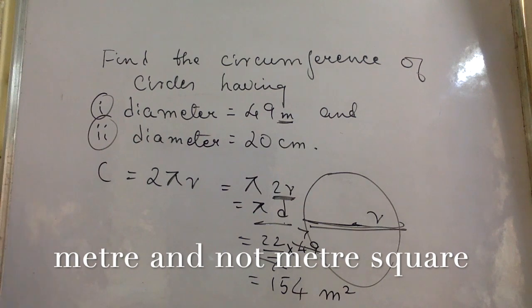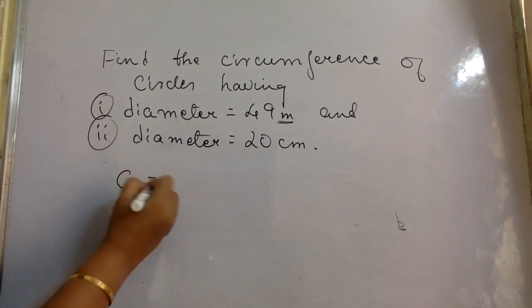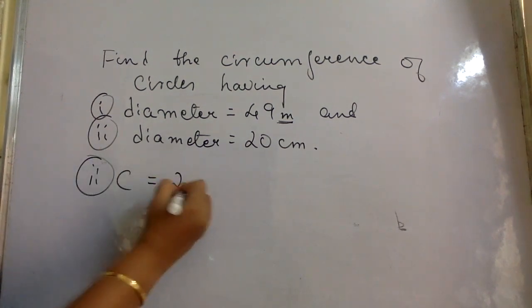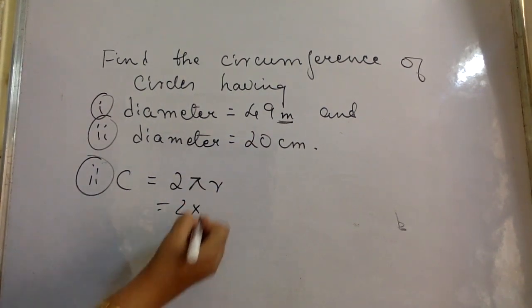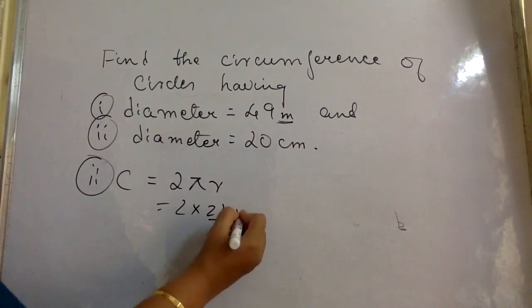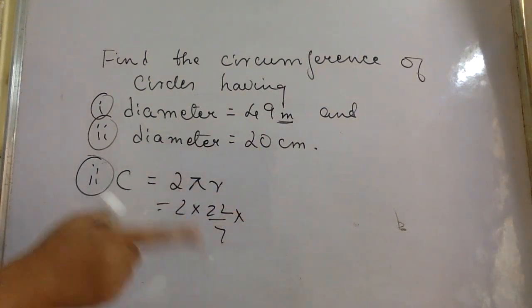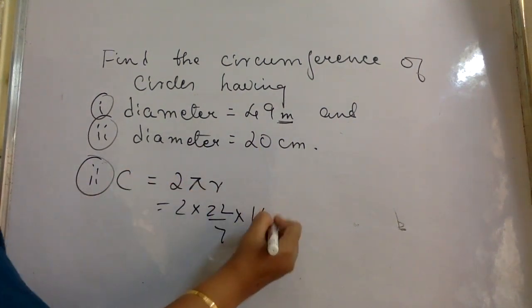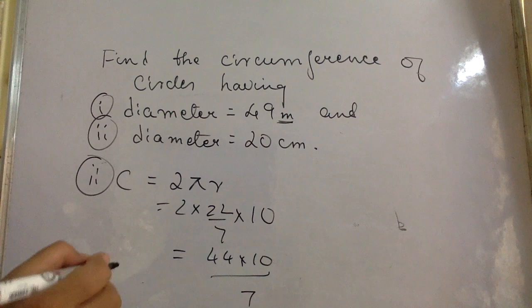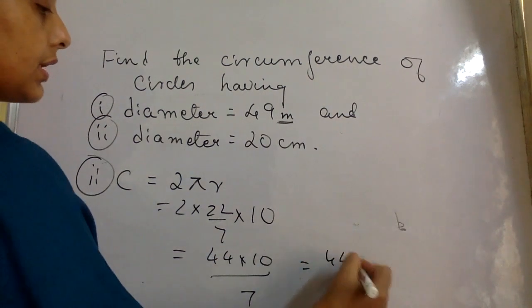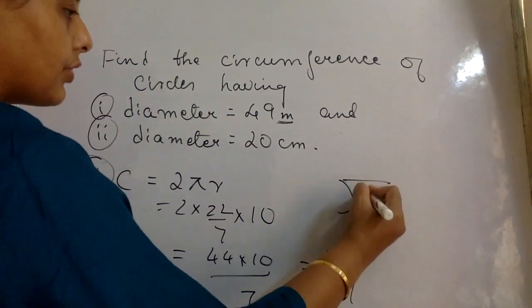Now let's come to the second question, where the diameter is 20. This time I am going to use the 2 pi r formula only. Circumference, this is the second answer, 2 pi r. 2 into 22 by 7 into, how much is r? If diameter is 20, then radius is 10. That makes it 44 into 10 by 7, and that gives me 440 by 7.